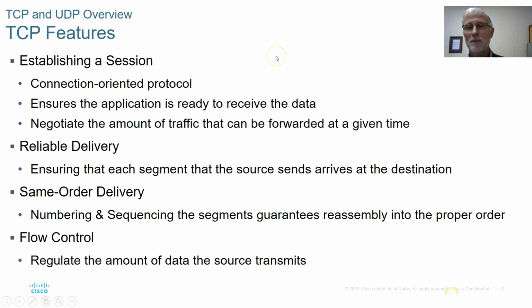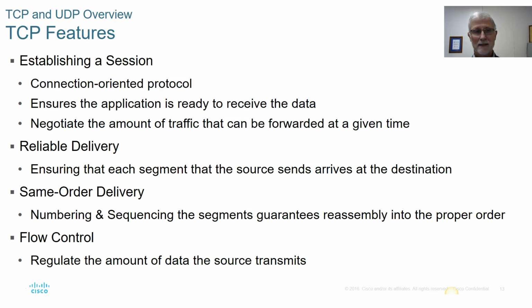Now, TCP, because it is a reliable network, I've got to make sure that I've established a connection, or established a session. It does it in 3 steps. So the major features of TCP are that I establish a session. I make sure the delivery's reliable.